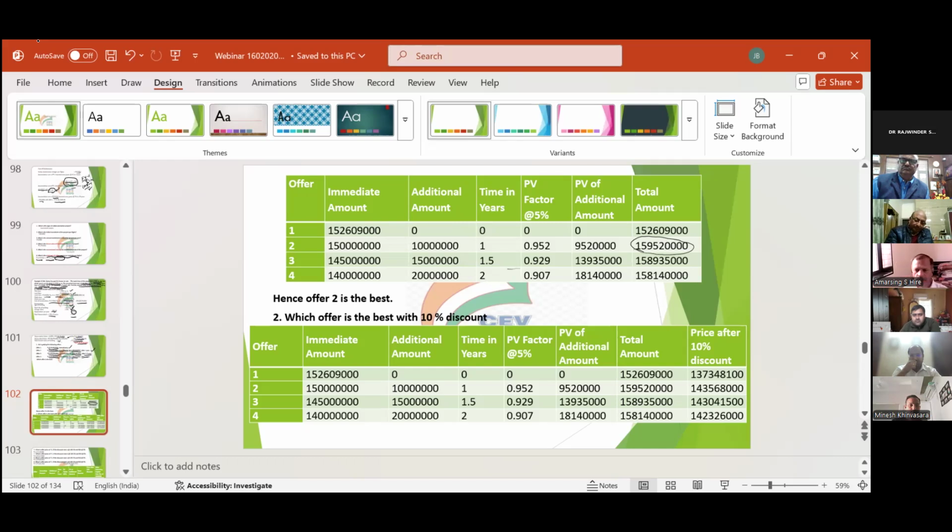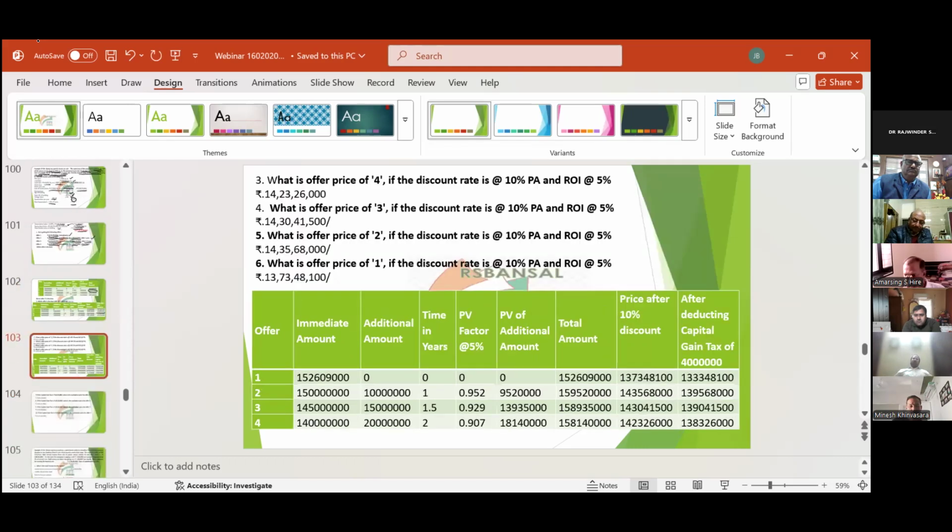Clear? Any doubt? So rest of the questions are easy. After 10% discount, you can calculate, even then this second option will be better.